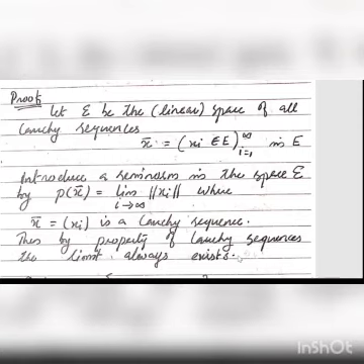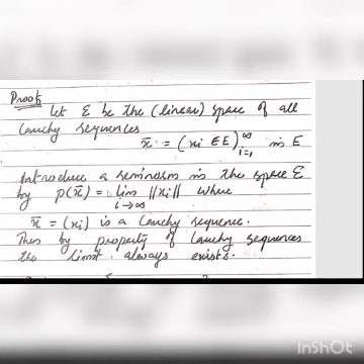First you consider script E as a linear space of all Cauchy sequences in E, and we have introduced a semi-norm in the space E by p of x bar equal to the limit as i tends to infinity of norm of xi. Now this exists since it's a Cauchy sequence.